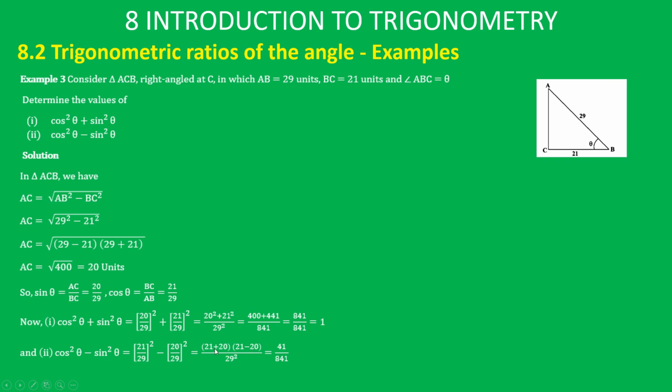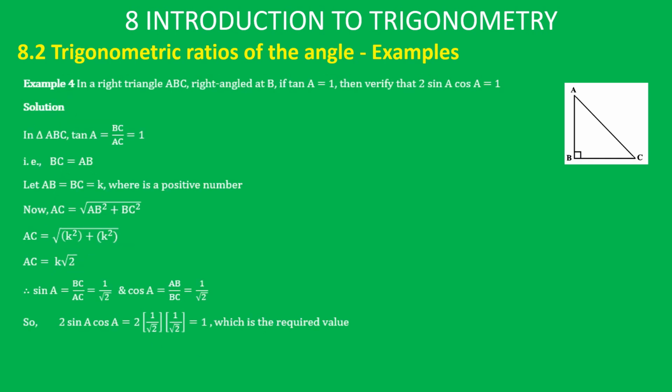The same, A plus B into A minus B. 21 plus 20 into 21 minus 20 is equal to 41 by 841. This is the value. Now remember, sin square theta plus cos square theta is always 1 for any given angle in a right angle triangle. Alright, we'll go to the next problem.